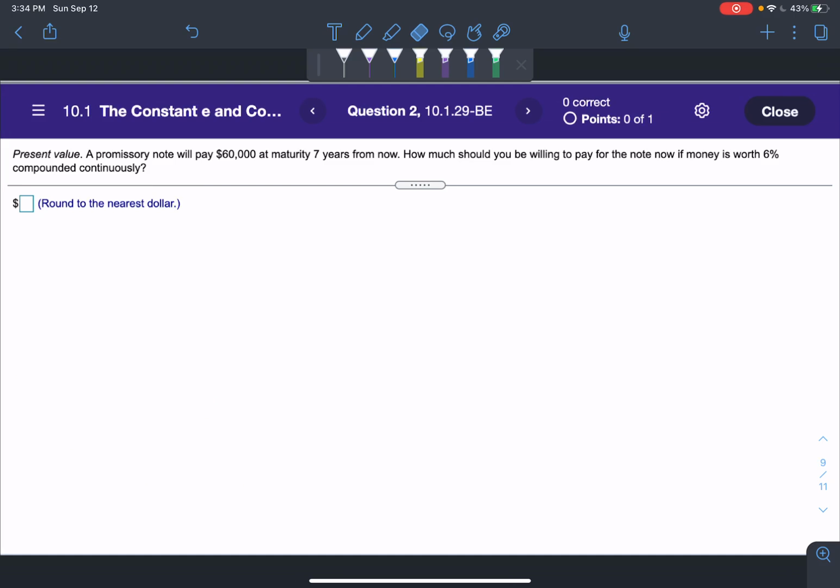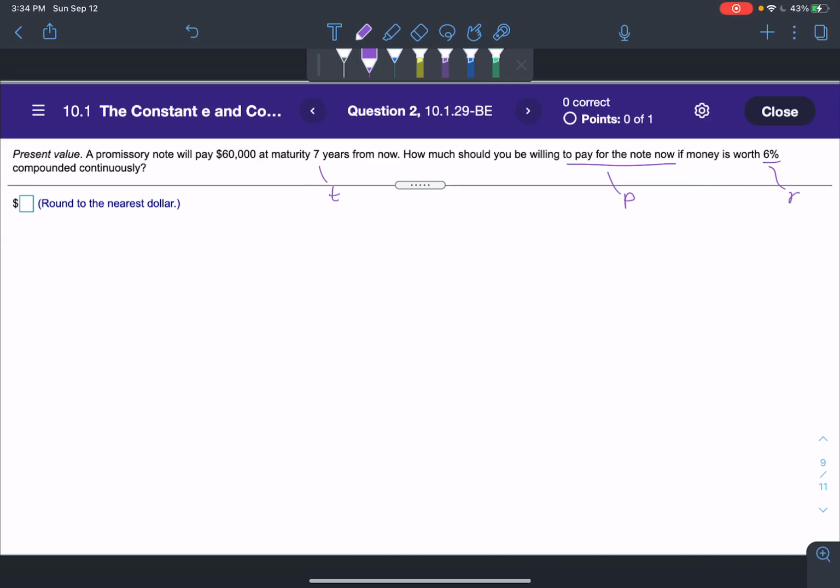Okay, let's do one more. So a promissory note will pay $60,000 at a maturity of 7 years. So that sounds like time, so that'll be our T. Now, how much should you be willing to pay for it now? What does that sound like? So P, if the money is worth 6%, and usually that's our rate.